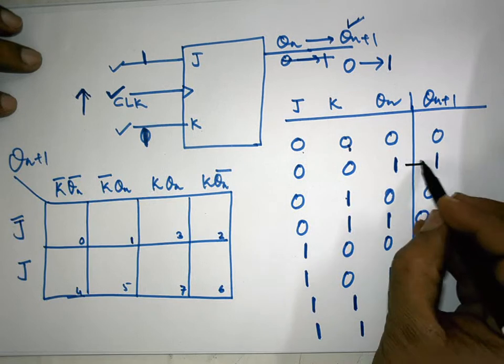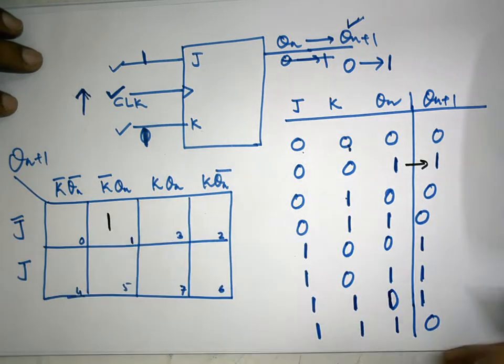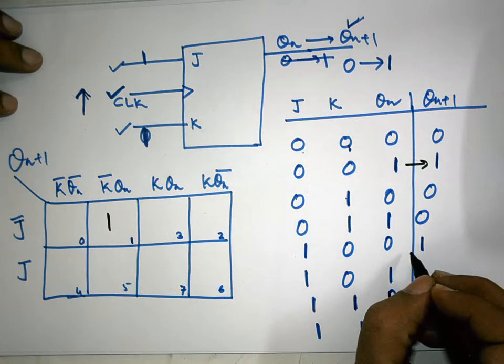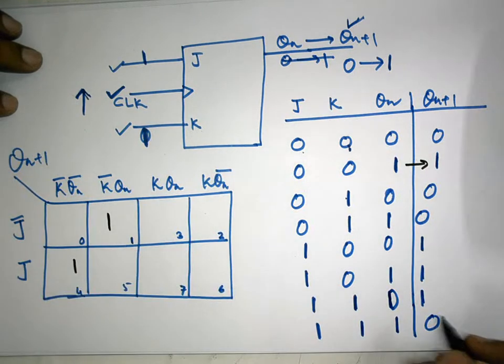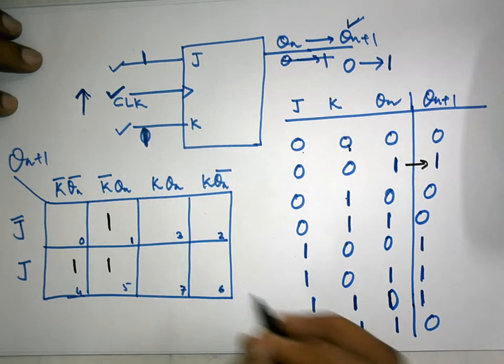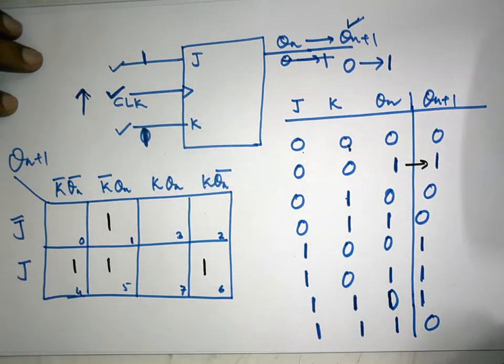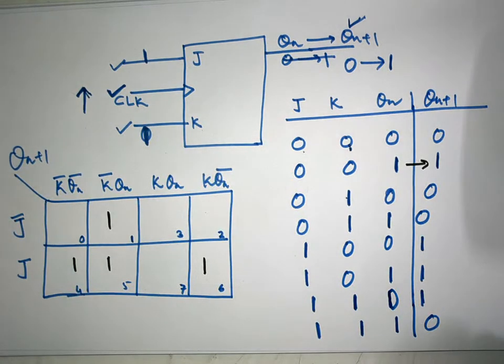Where there are 1s? At 1, then at 4, at 5 and at 6. Am I right? So what will be the minimized function? Is it correctly placed or not?